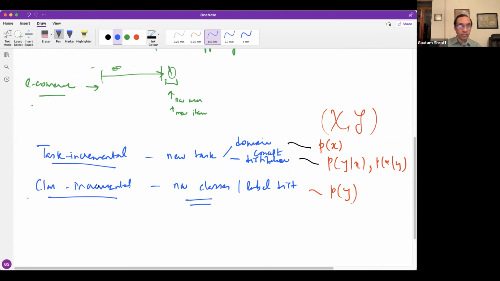So that's called class incremental, where you can actually change the label distribution, or more popularly, the number of classes themselves, right? And you want to learn new classes without forgetting the old ones. So you're learning dogs and cats, and now you're learning dogs and cats and birds, now dogs and cats and birds and sheep.